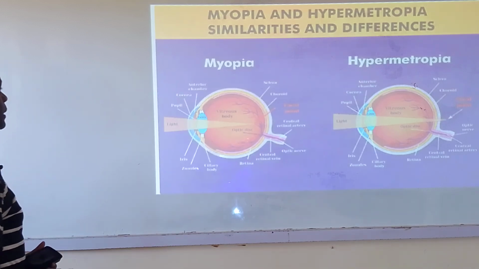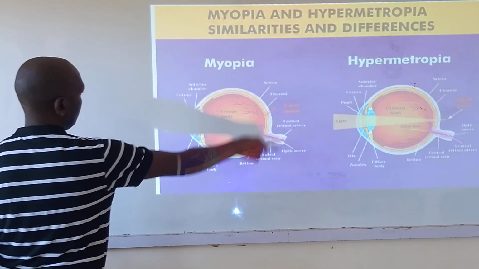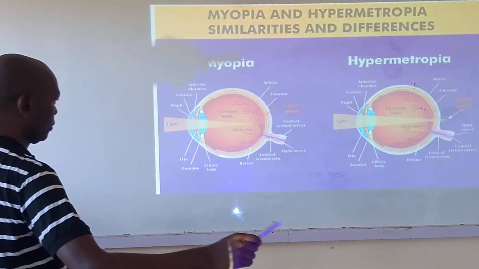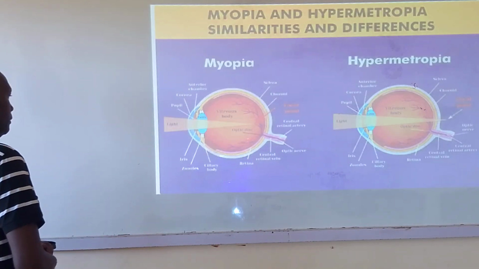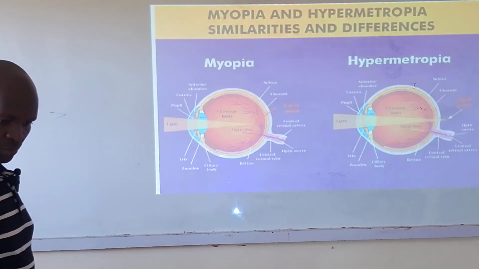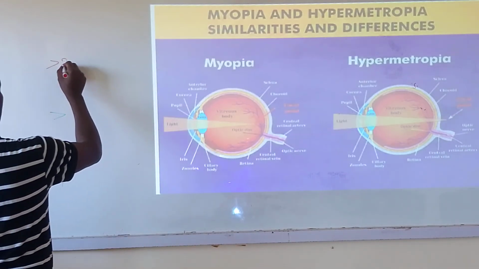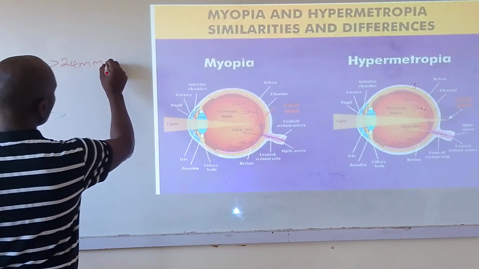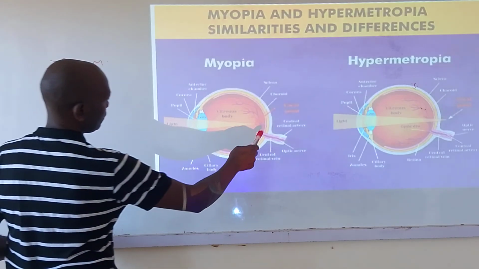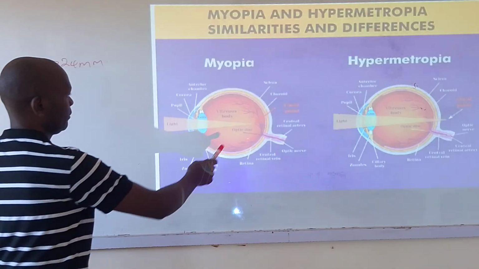So in myopia, the eyeball is very big, meaning the anterior posterior diameter is long. It's beyond 24 millimeters. So when light gets in the eye, instead of focusing on the retina, it focuses in front of the retina here.